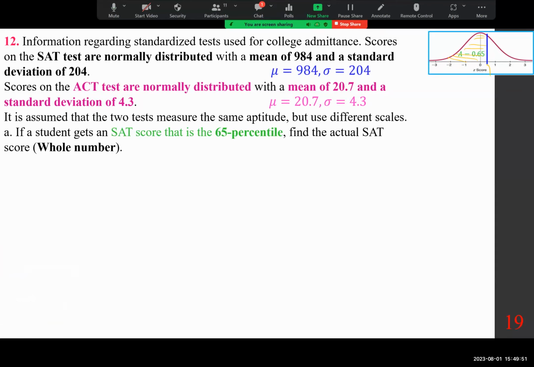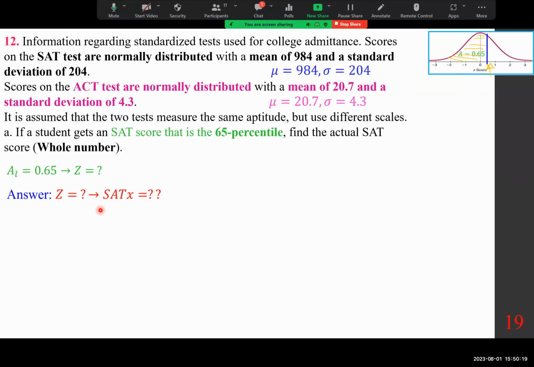So this is the z-score we are going to find using technology or the graph. So we have the area, we want to come up with the z-score. And from the z-score, we're going to go to x. So area to the left is 0.65. We are looking for the z-score anyhow you can.